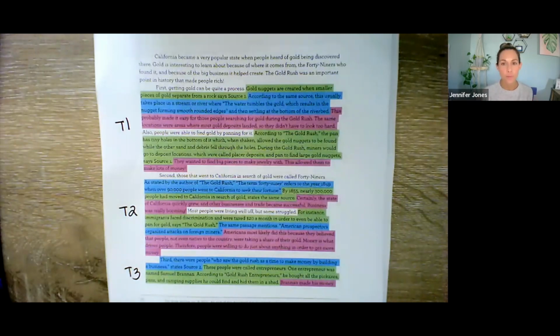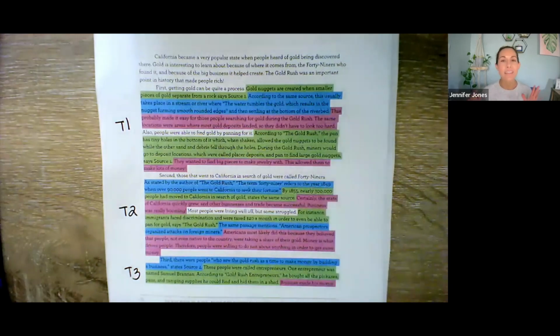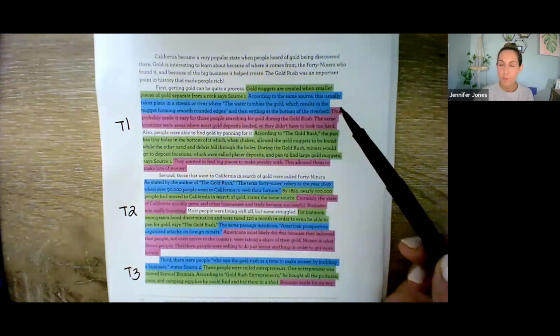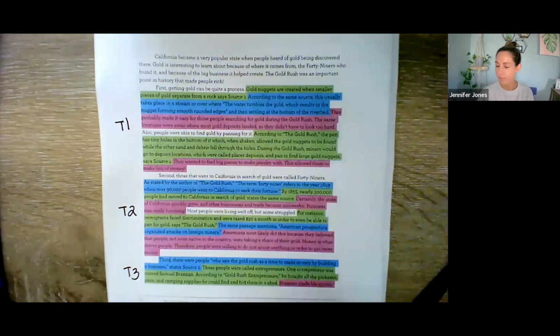These are quotes. So anywhere you see blue is quoted evidence. Anywhere you see green is paraphrased evidence. So the blue and the green, everywhere you see it, that is evidence from the text. If it's blue, it's evidence that's been quoted. If it's green, it's evidence that's been paraphrased.